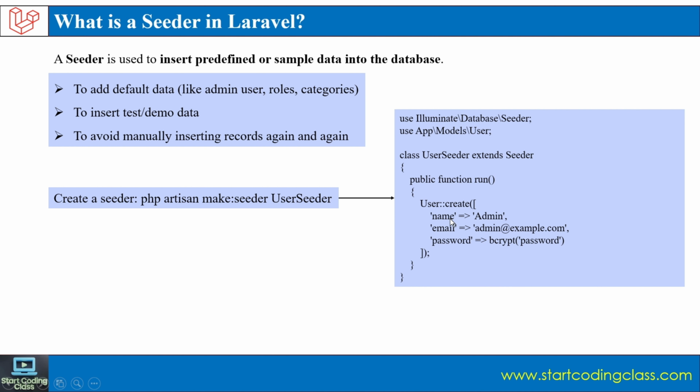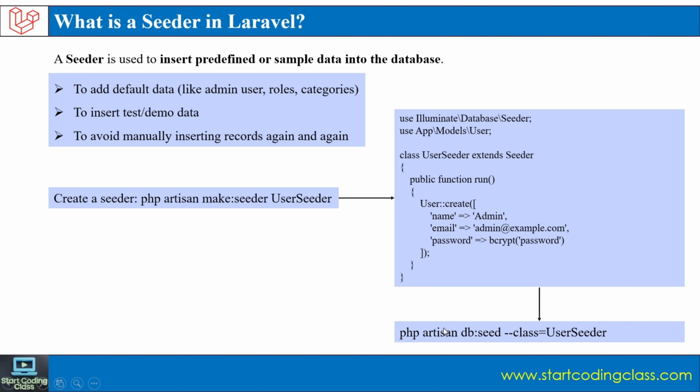You can write there, if you want, in the user table: name admin, email admin@example.com, password is password. Then you have to write this command, php artisan db:seed --class=UserSeeder, and then you hit enter. The data is inserted into our database.